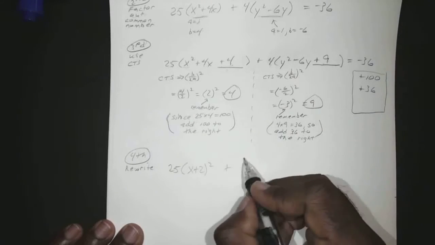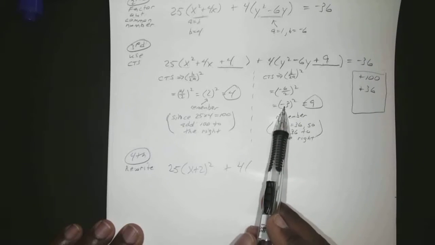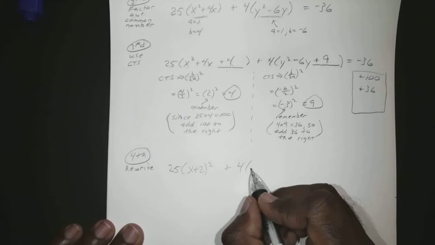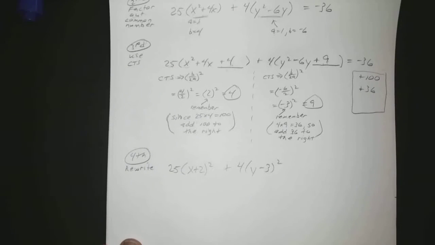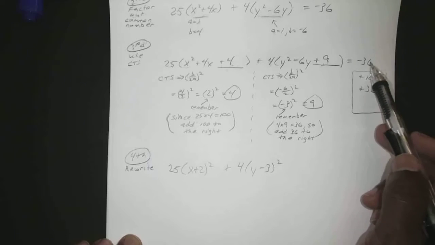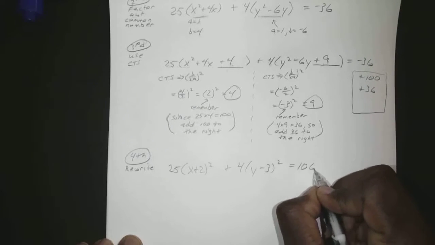Plus 4 times y squared minus 6y plus 9 is actually y minus 3 squared. Equals negative 36 plus 100 is just 100.